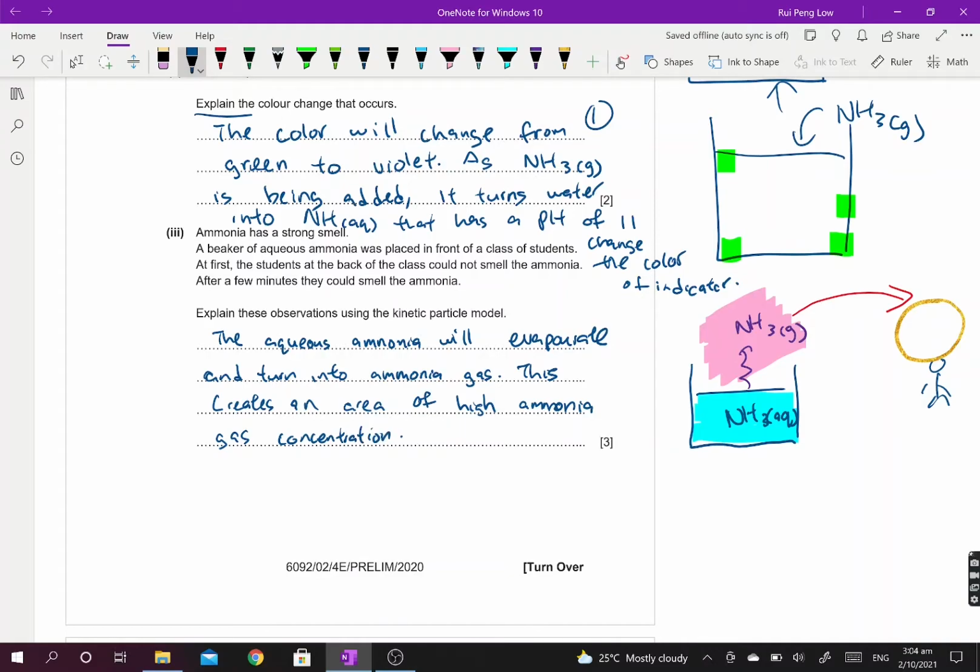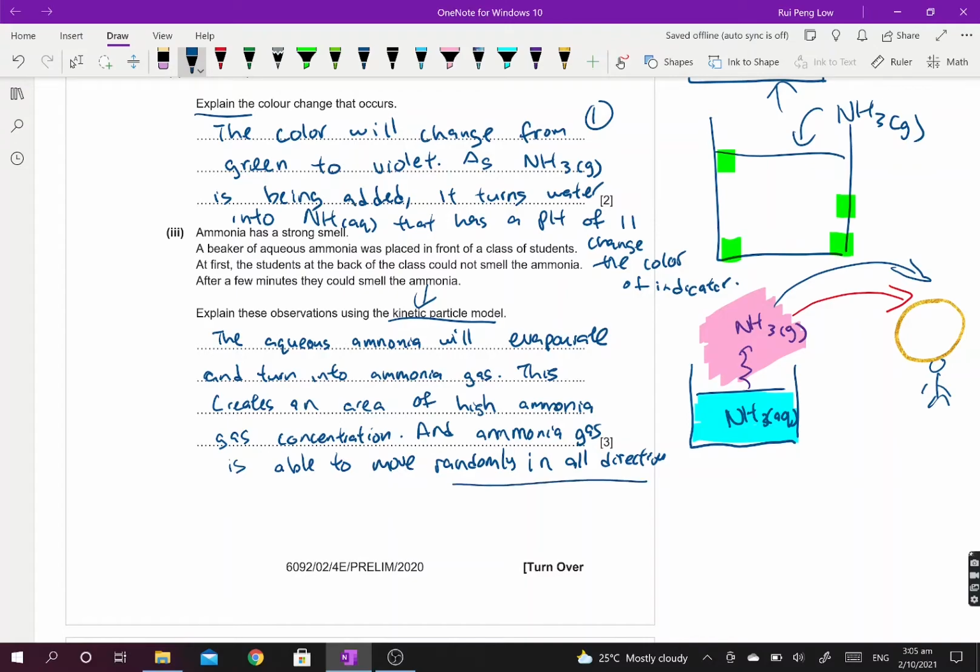and we also need to recognize that gas and ammonia gas is able to move randomly in all direction. Now, with this statement, right, we are using kinetic particle model to explain why eventually the ammonia gas will travel backwards.